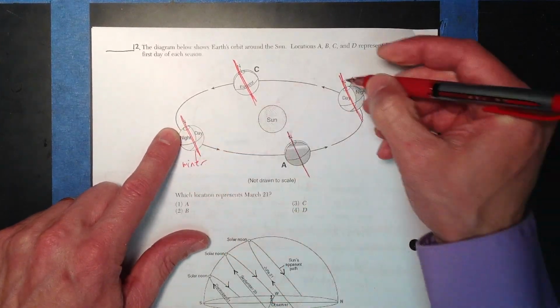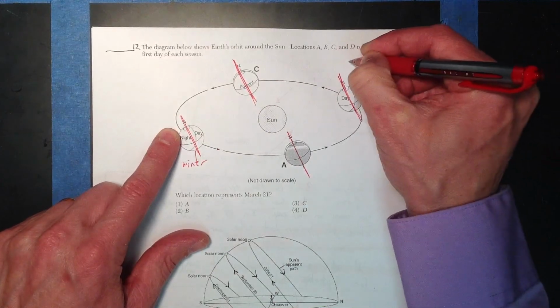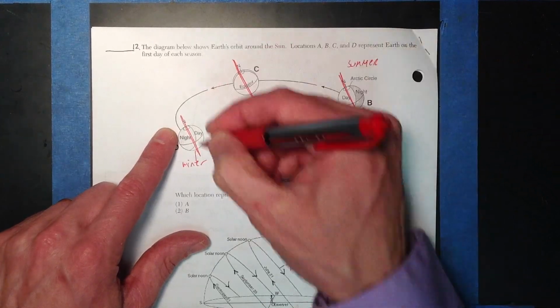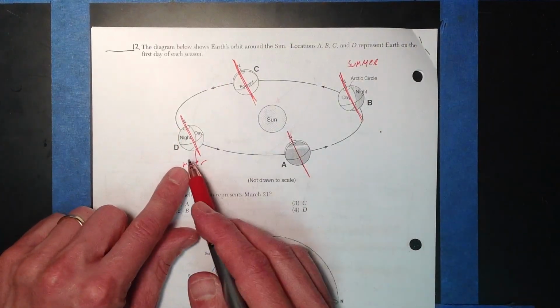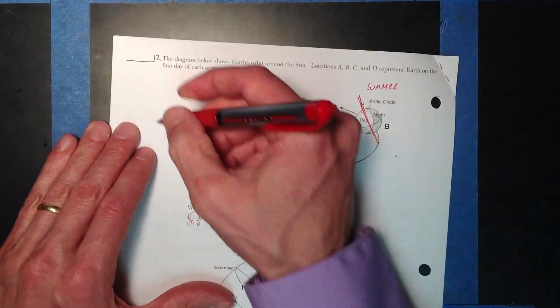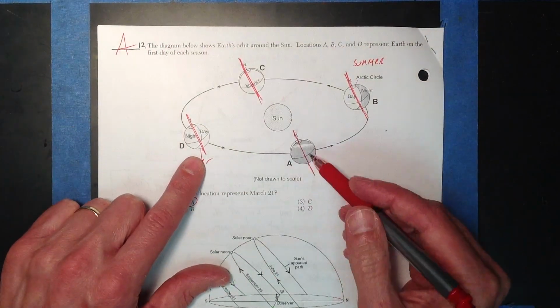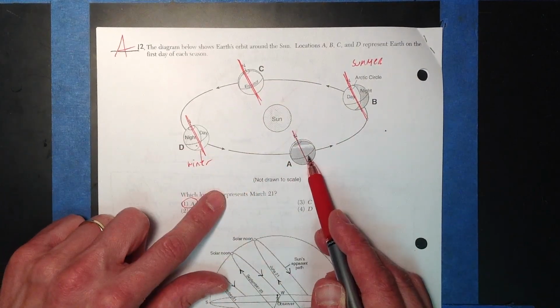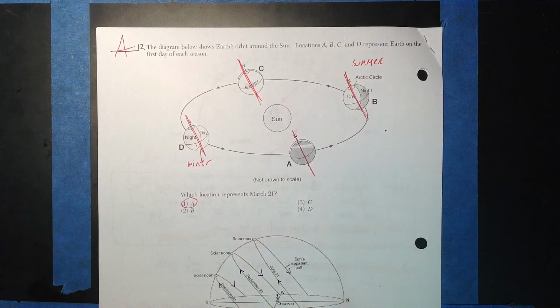Use the first page if you need to. Here the North Pole is tilted towards the sun. This is summer. And it goes this way. So March 21st is between winter and summer, halfway between. So your answer should be A. Too many people see summer, winter, and they put it here, but you really got to think winter into summer. March is between there. So winter into summer, it should be A.